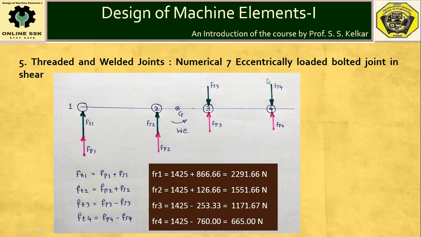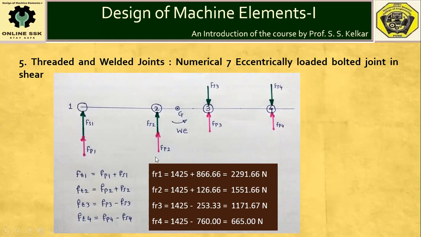Similarly, for bolt number 4, downward will be the direction of secondary force at bolt number 4, which will cause clockwise rotation of the bracket, opposite to the rotation caused due to applied load. So, these are the directions of primary and secondary forces. Now, Fr1, the resultant of primary and secondary force for bolt number 1, will be calculated as Fp1 plus Fs1.